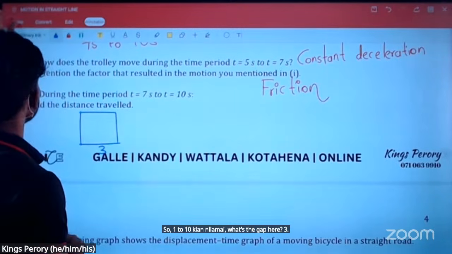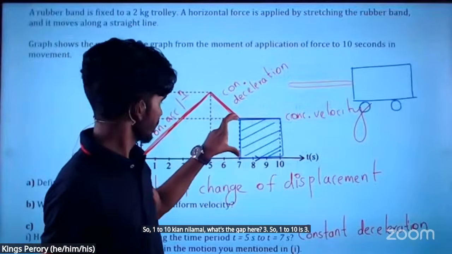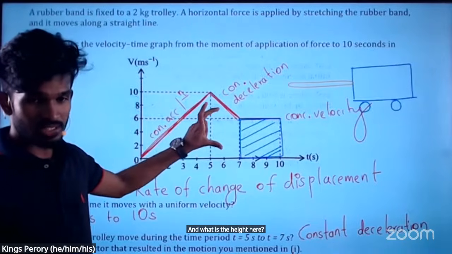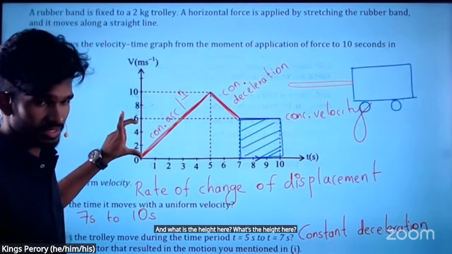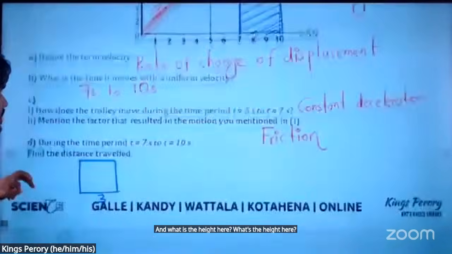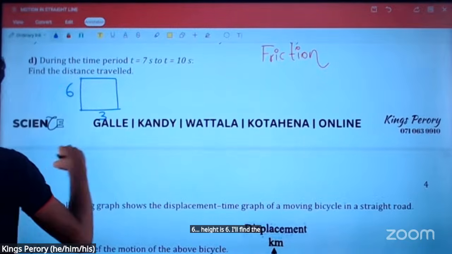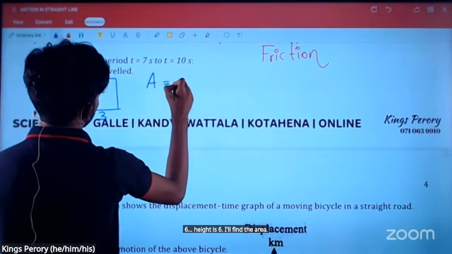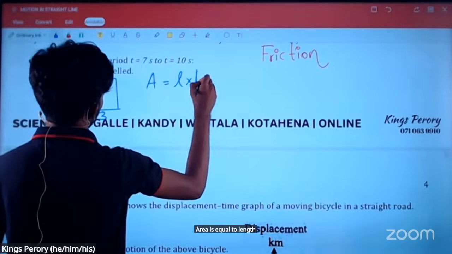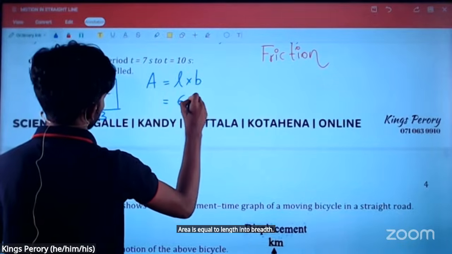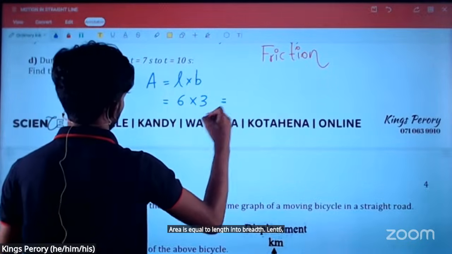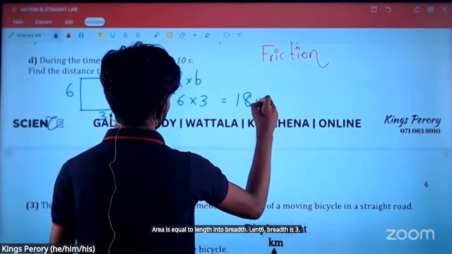And what is the height here? 6. Height is 6. Now find the area. Area is equal to length into breadth. Length is 6, breadth is 3, 18 meters.